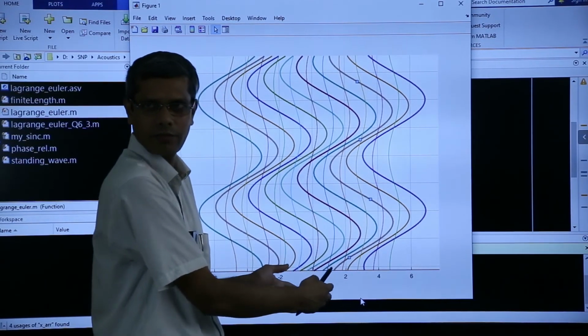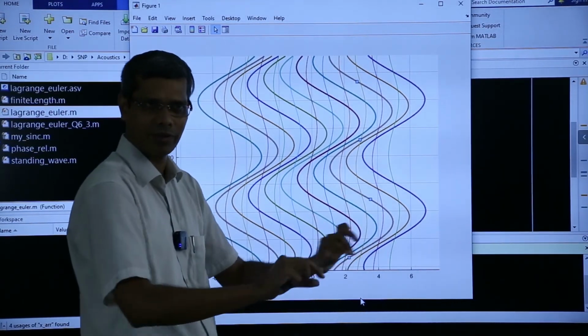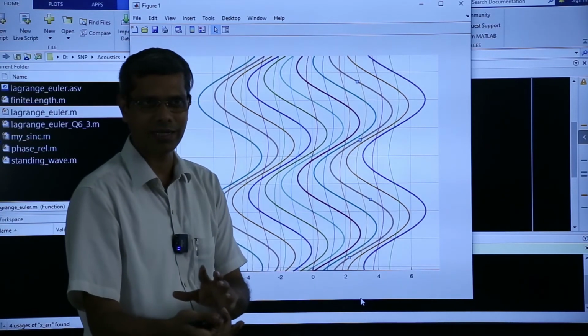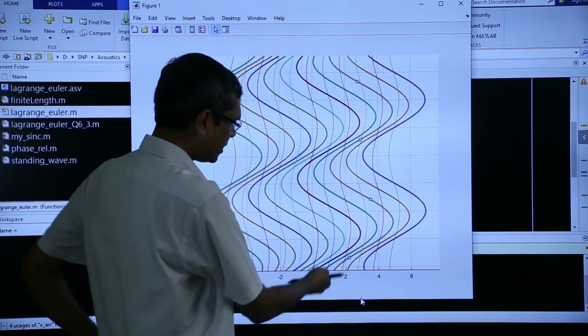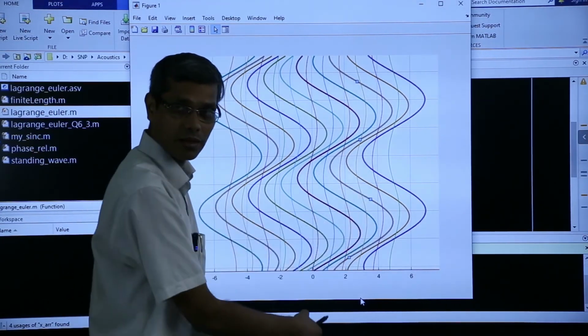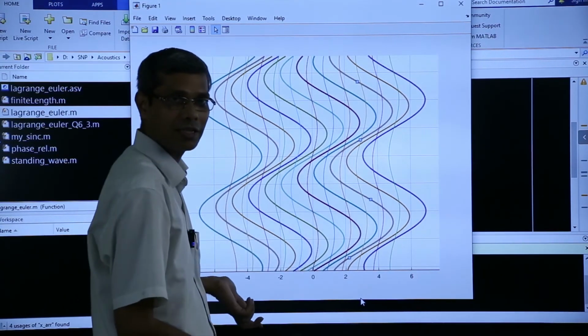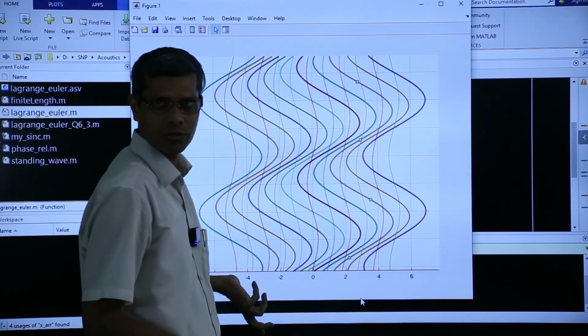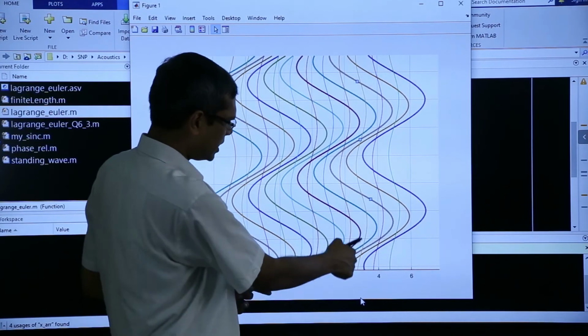Even if you don't derive an equation for getting the displacement field, you can actually get it from these Eulerian, Lagrangian curves. We can convert. Yeah, you can always do that, right?